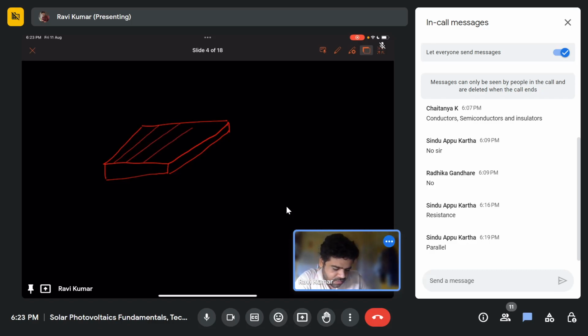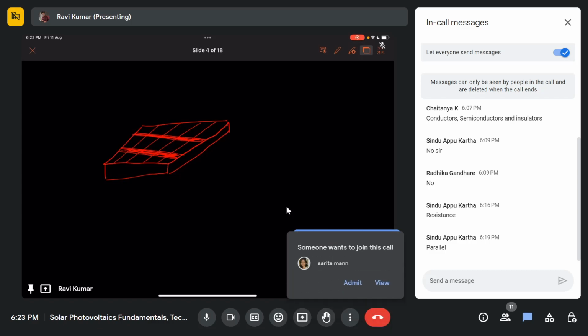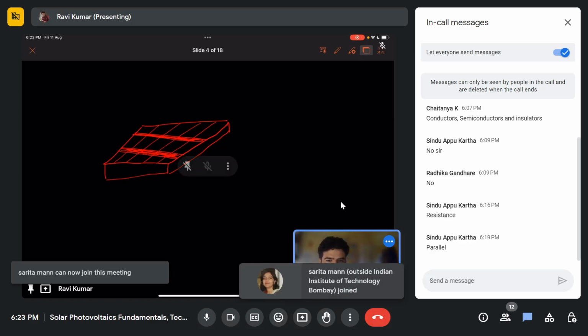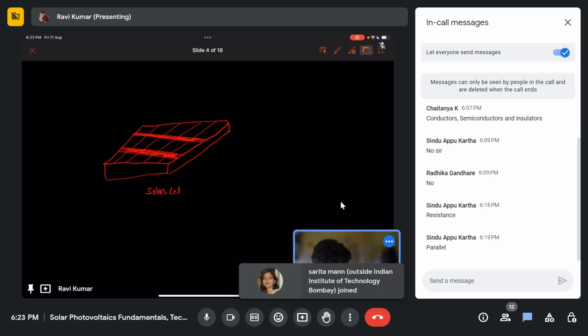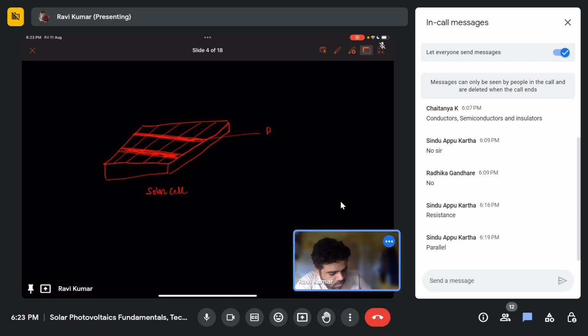fingers. Do you know fingers? And we have bus bars. Just see here carefully. So we have the solar cell, we have bus bars, we have fingers.